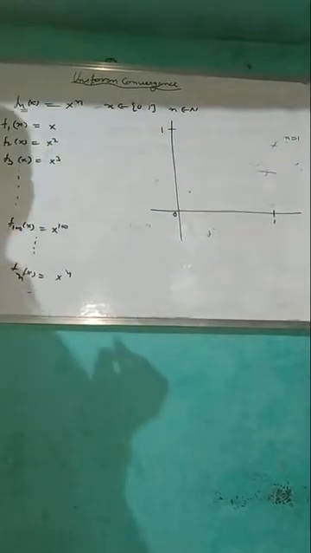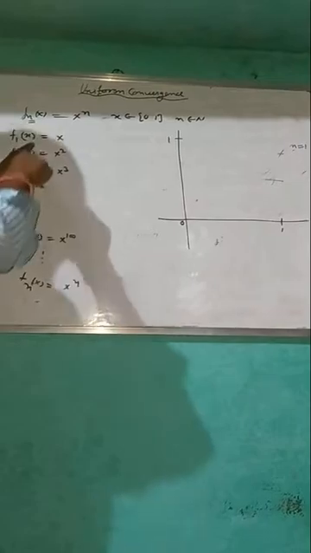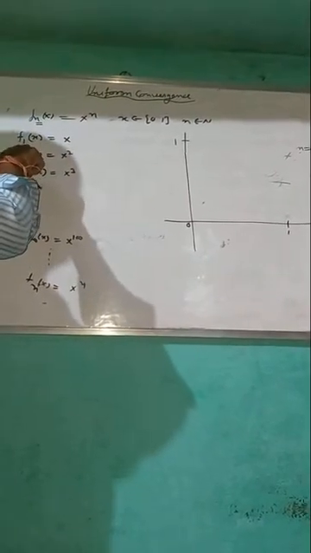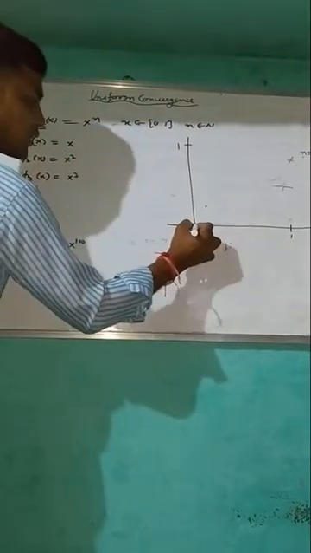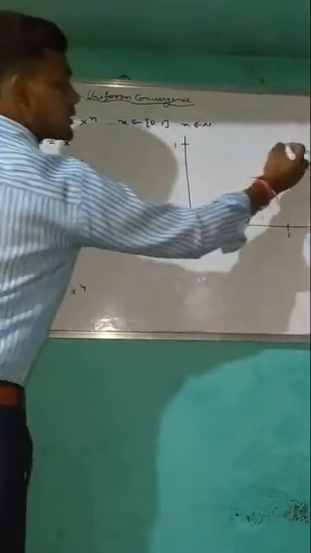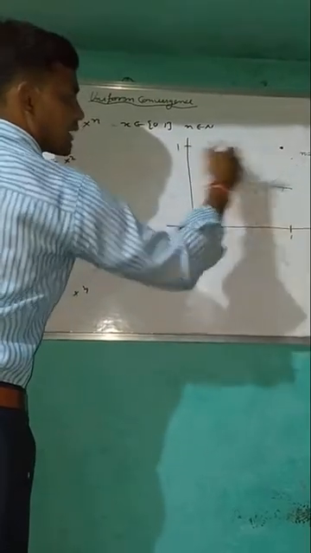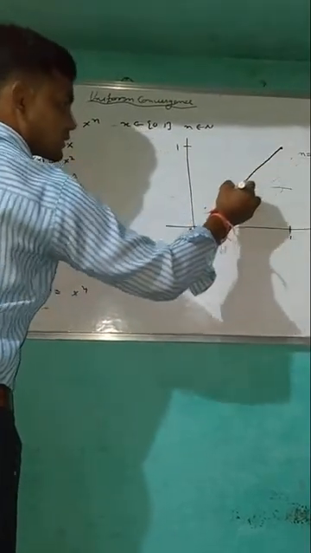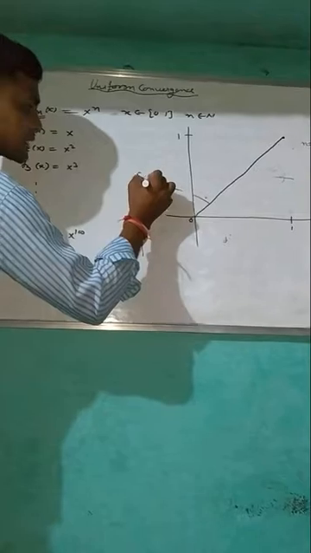Okay, for the first function f1(x), the graph of f1(x) is: when x equal to 0, then this is 0. When x equal to 1, then this is 1. It means, suppose that this point is 1 on the y-axis, then the graph of this function is this. Okay, it means this is the graph of f1(x).